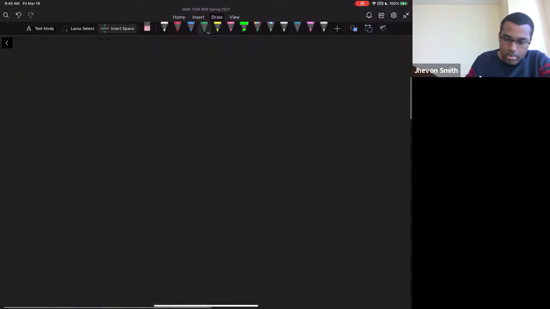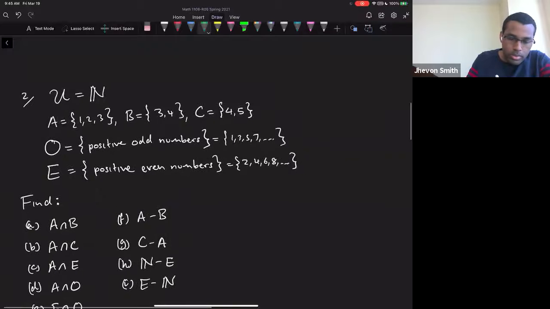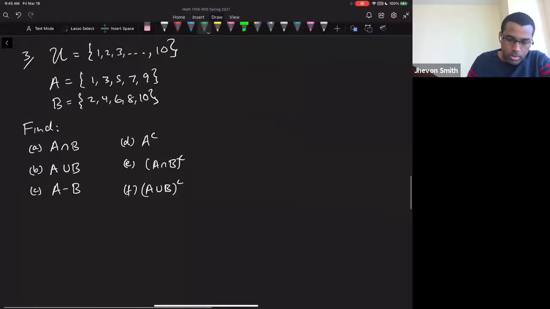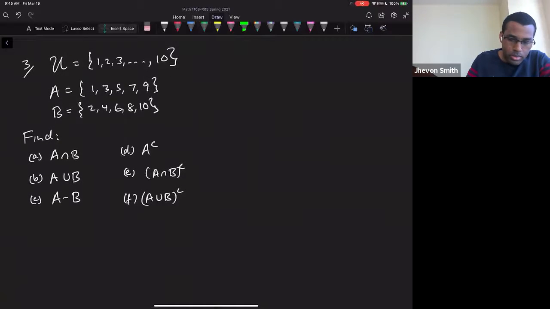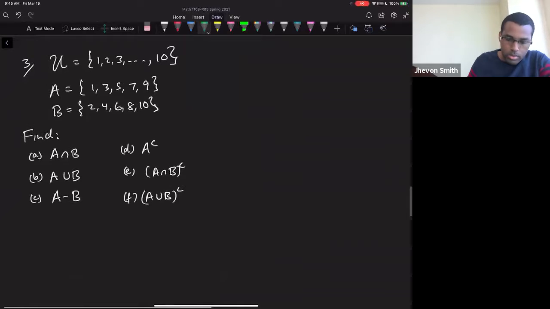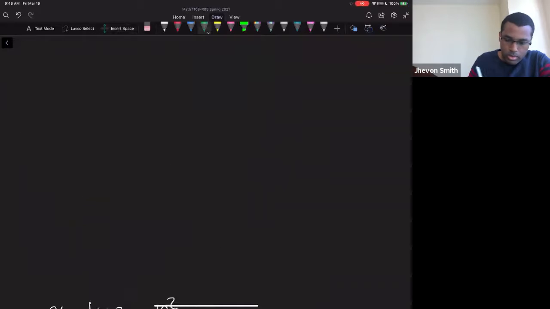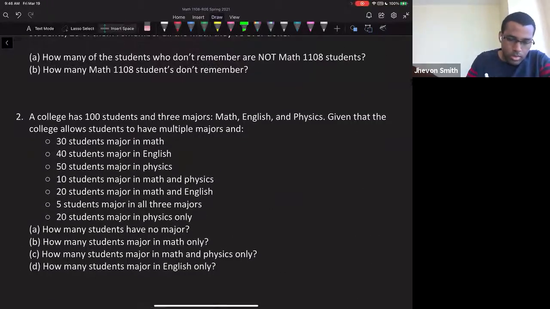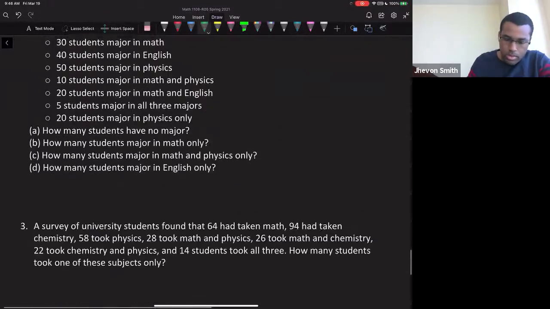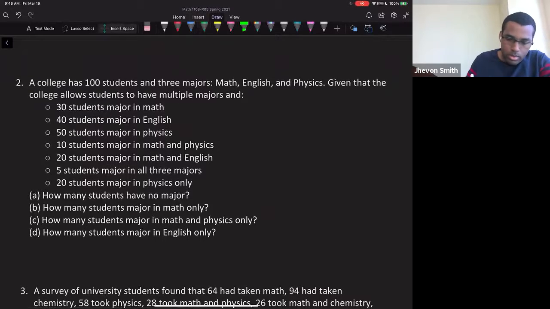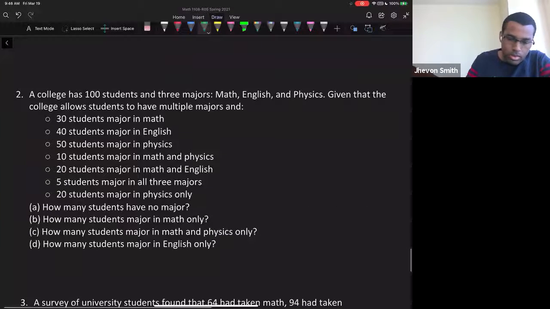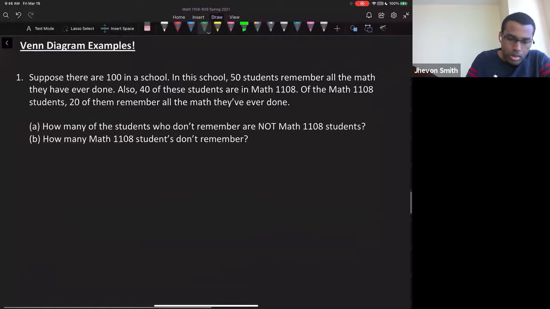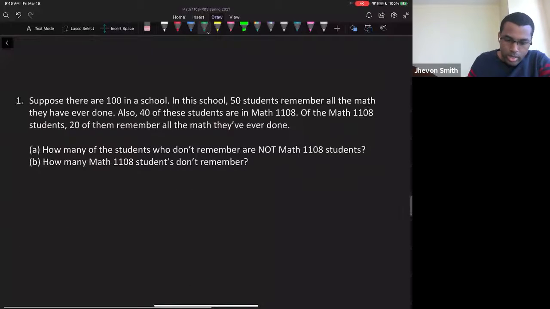Make sure that we understand our definitions, how they work, and create some space here. I'll probably actually want to mention something about Venn diagrams before actually starting the examples.